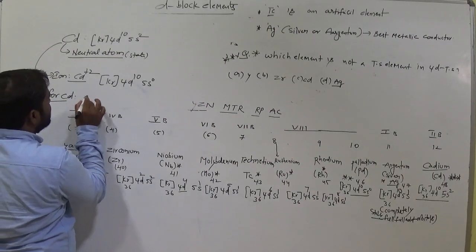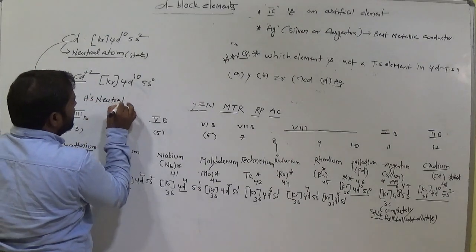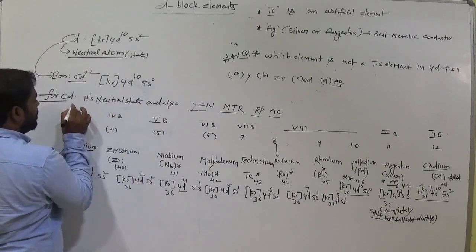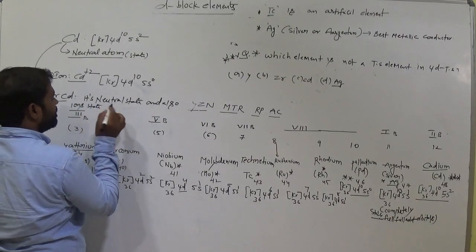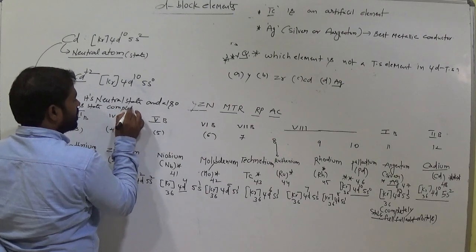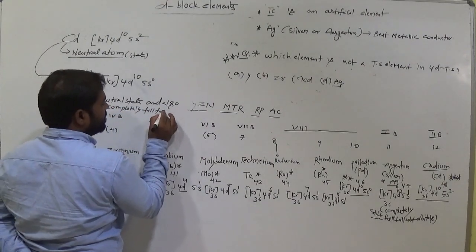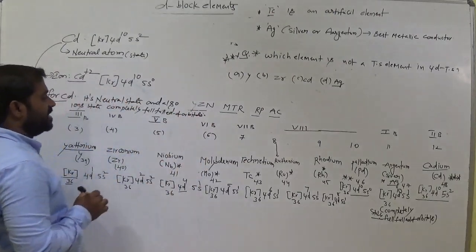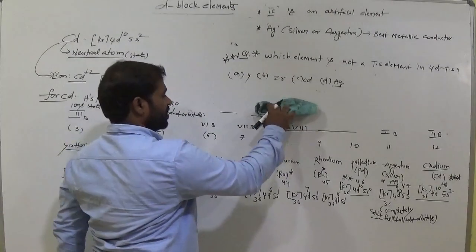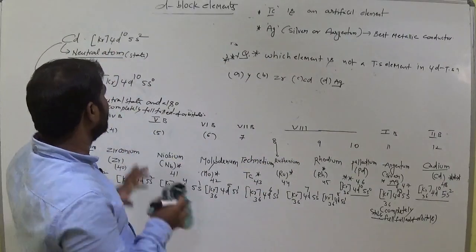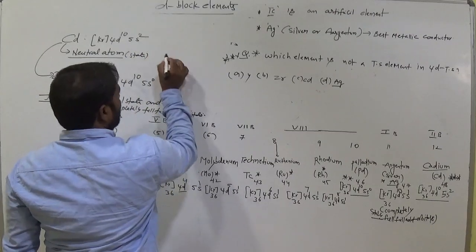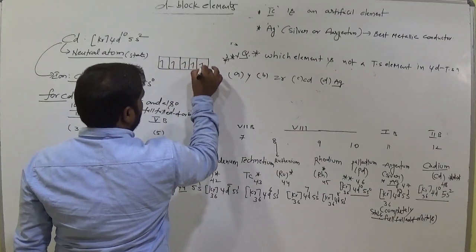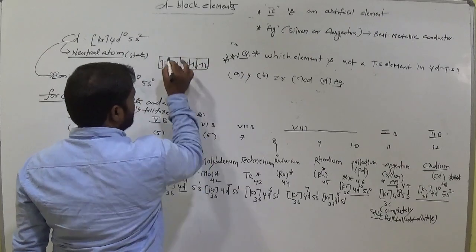For cadmium, in its neutral state and also in ion state, completely filled d orbitals, clear? 1, 2, 3, 4, 5, 6, 7, 8, 9, 10 electrons are there, completely filled.